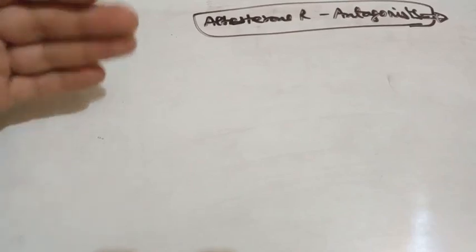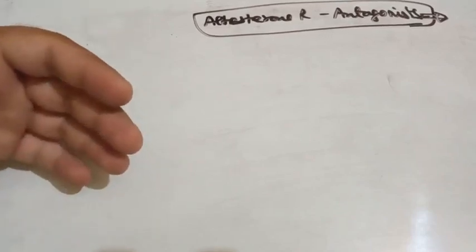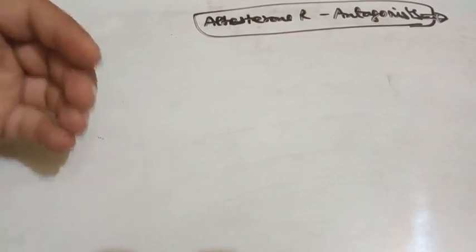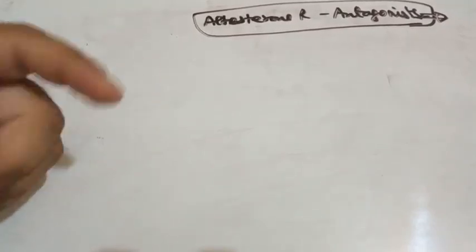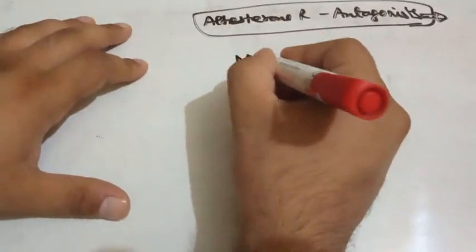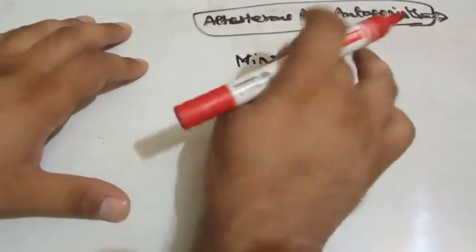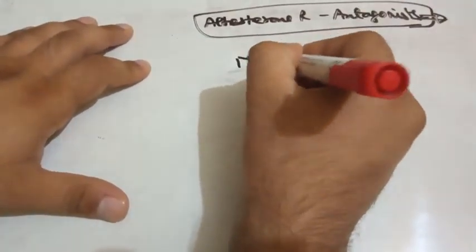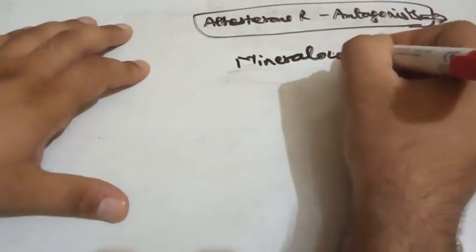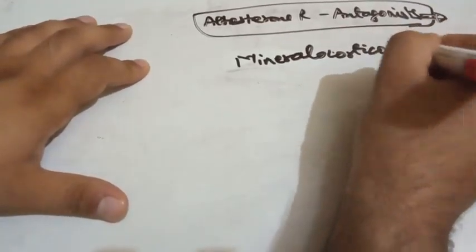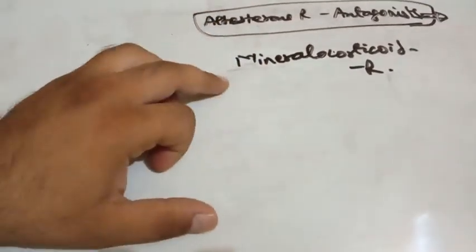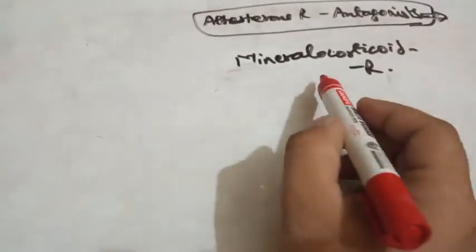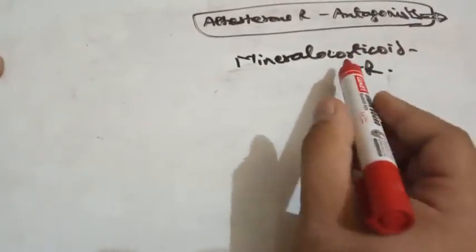It will travel via blood to the renal epithelial cells and bind to receptors on them, which are called mineralocorticoid receptors, MR.